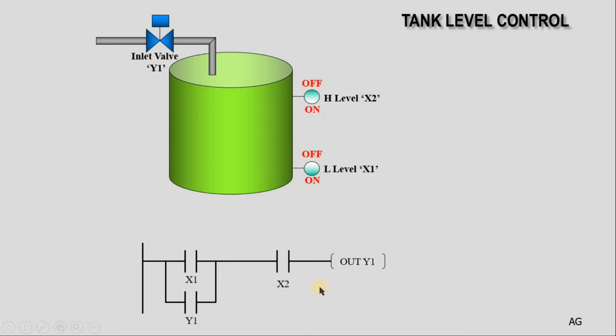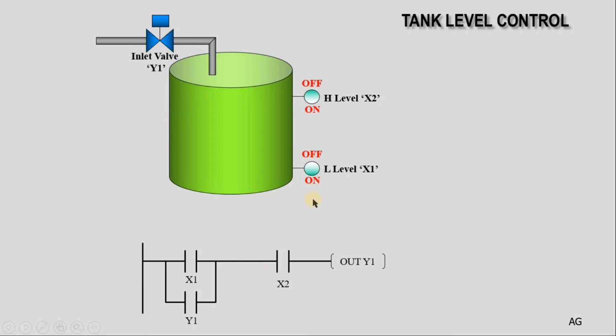This is exactly the same as what we did in the motor control. We did the same X1, Y1, Y2, and X2. The Y1 here is your solenoid, which is adding water to your tank. So this is exactly the same as your motor control circuit.